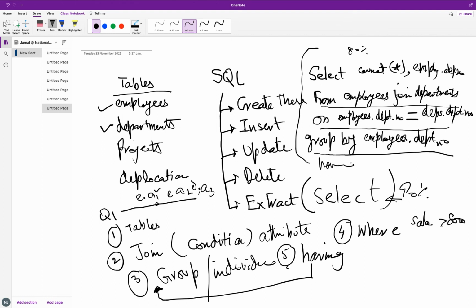you can say having count star is greater than 20. Now the result will come back with all the departments which have more than 20 employees in them.